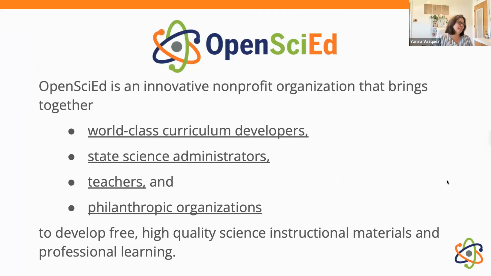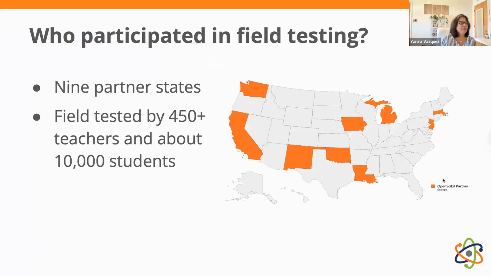So very quickly, OpenSciEd is an innovative nonprofit organization that brings together amazing curriculum developers, state science supervisors, teachers, and philanthropic organizations. And they help us develop high quality, free, easily accessible on the internet instructional materials and professional learning aligned to those materials.